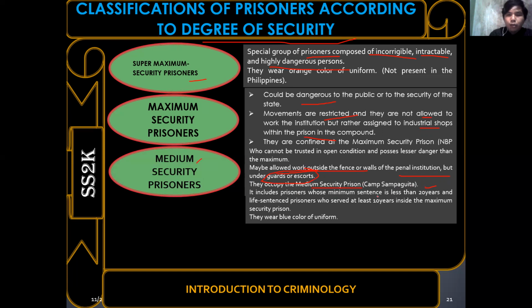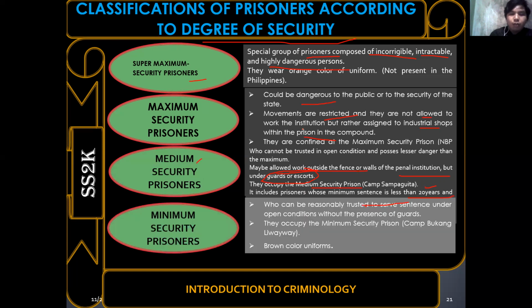It includes prisoners whose minimum sentence is less than 20 years and life sentence prisoners, yung mga nahatulan ng habang buhay na pagkabilanggo but they are already serve at least 10 years inside the maximum security prison. Okay? Yan. So, life imprisonment pero 10 taon na sila sa New Bilibid, sa main building. So, pwede na silang classify as medium.